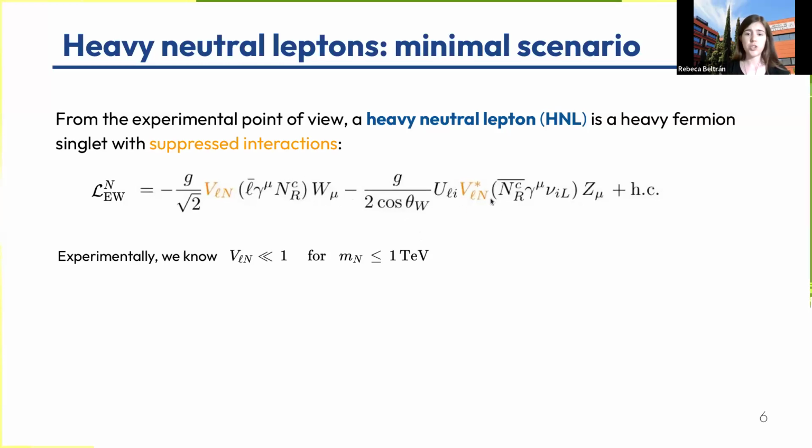This suppression is precisely parameterized by the mixing angle, which we know must be small. Otherwise, HNLs with masses up to 1 TeV would have been detected.